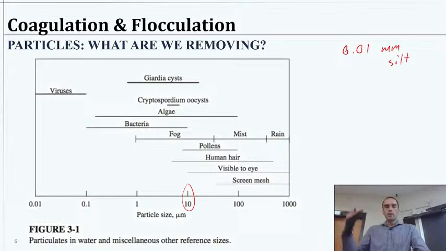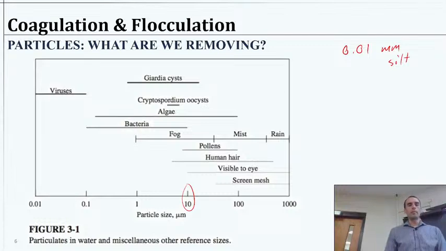So you can look at this and say, okay, I can visibly see raindrops with my eyes. If we look at what's visible with the human eye, maybe you can get down to the mist particles, maybe even large fog particles, however you define that. Most human hairs, apparently there are some that are small enough that you can't really see very well.